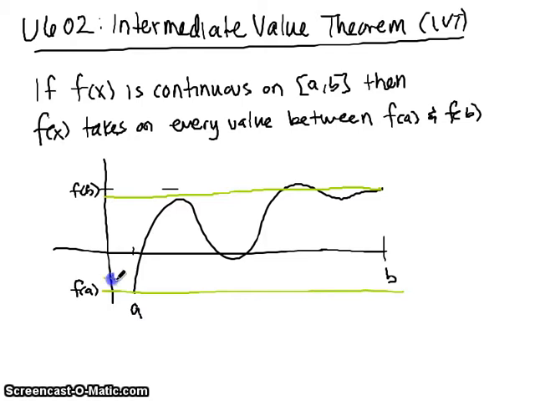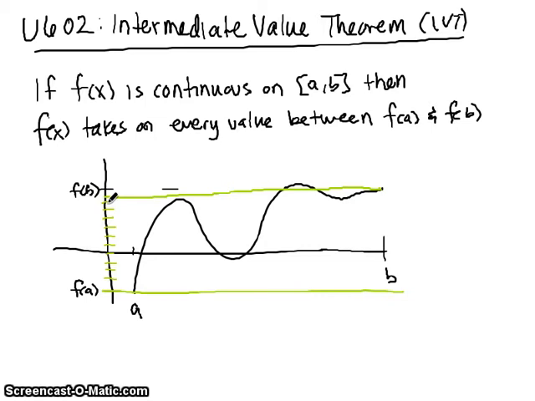The intermediate value theorem does not tell you where each of those values happens, it just tells you that each of those values is going to happen. So if you are continuous, then you know you're going to hit every single y value in between your endpoints.